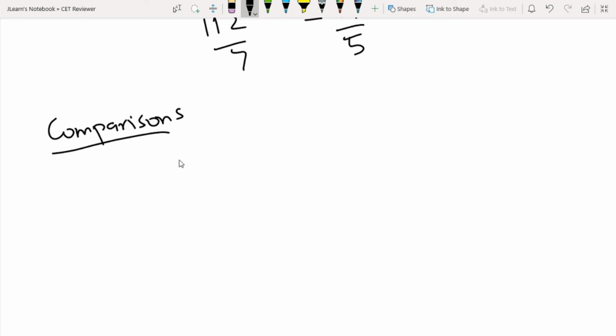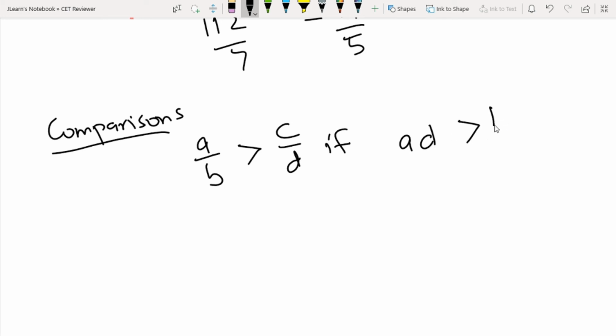So, for example, A over B is greater than C over D if A times D is greater than B times C. Okay? So, let's do some examples. 5 over 8 or 4 over 7. Ano yung mas malaki? So, paano natin malalaman? So, yung 5 dito ay A, yung B dito ay 8, yung C dito ay 4, yung D dito ay 7.